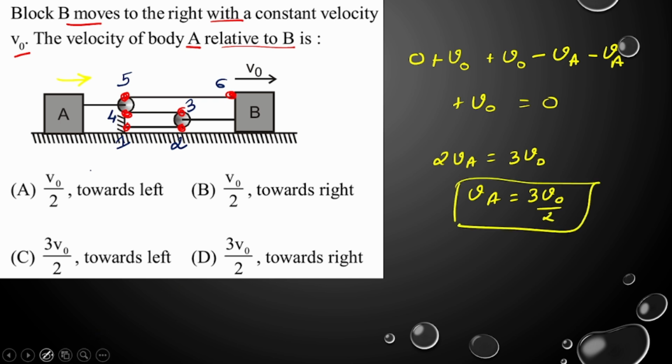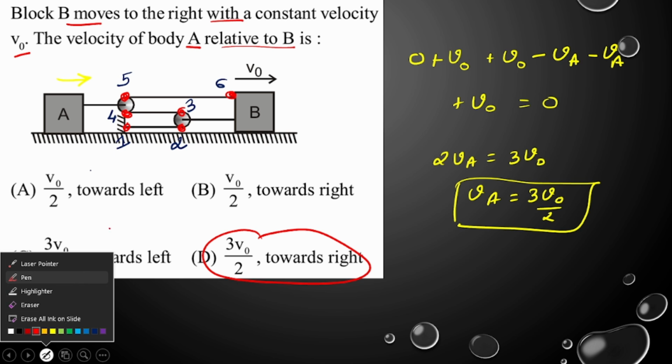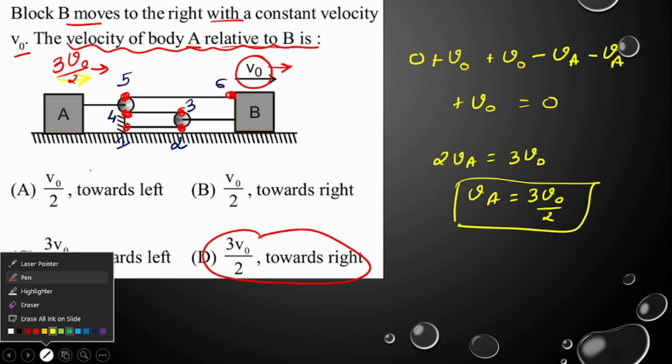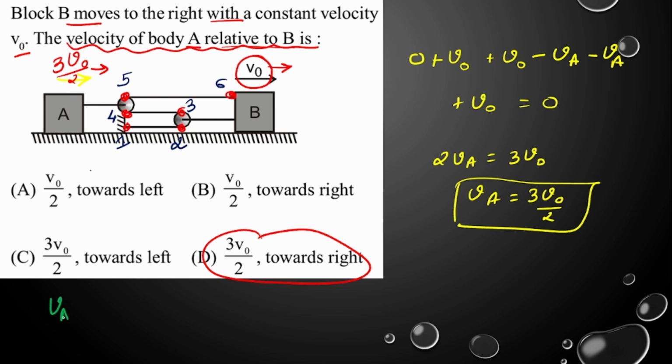Okay, and we have options that 3 v naught by 2 towards right. Is this our correct answer? I don't know. Velocity of this is v naught, velocity of this is 3 v naught by 2, and direction is this, and the asked question is velocity of A relative to B. Velocity of A relative to B is equal to va minus vb.